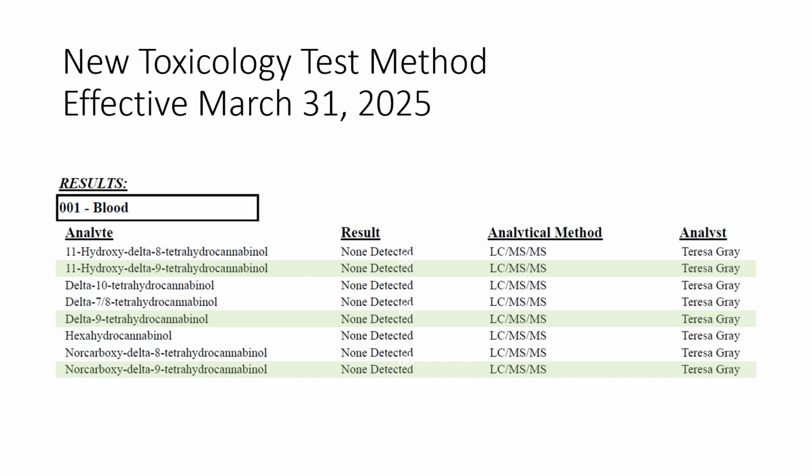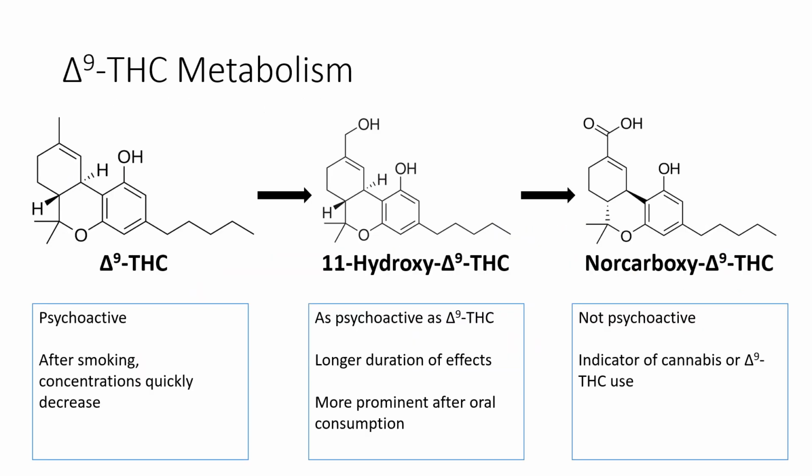On our report, you will see 3 analytes related to delta-9 THC: 11-hydroxy delta-9 THC, delta-9 THC, and norcarboxy delta-9 THC. Once delta-9 THC enters the body, it is distributed throughout the body and may accumulate in fatty tissues.